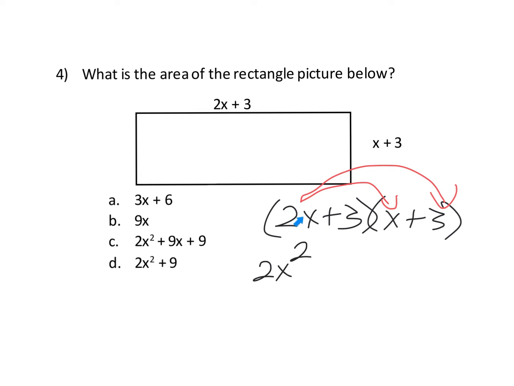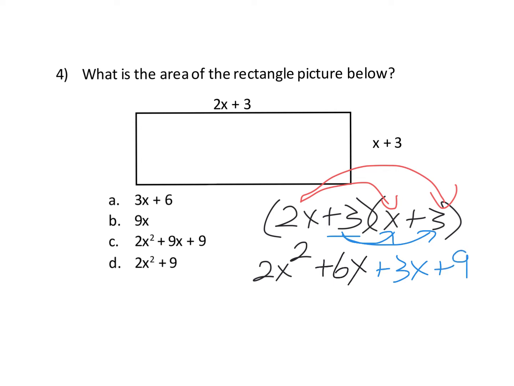Then when we multiply 2x times 3, that is 6x, so plus 6x. Then we come here to the second term of the first binomial. We do 3 times the first term of the second one, 3 times x. Well, that's 3x. Then we do 3 times 3, and 3 times 3 is 9, so plus 9.